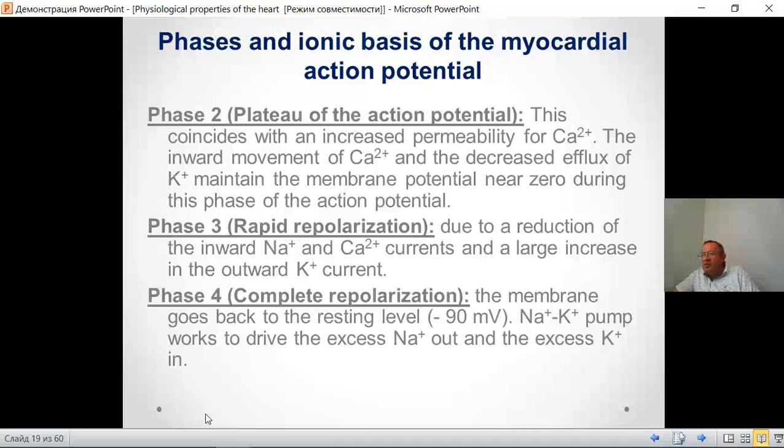The pumps involved include the sarcolemmal sodium-calcium exchanger, calcium ATPase, and sodium-potassium ATPase. Last phase, phase number 4, is the resting membrane potential, averaging about minus 90 millivolts.